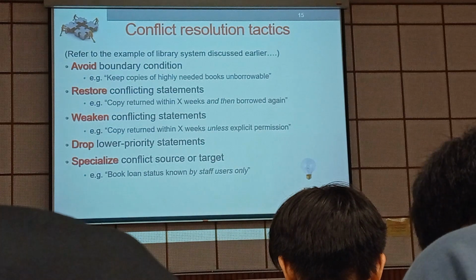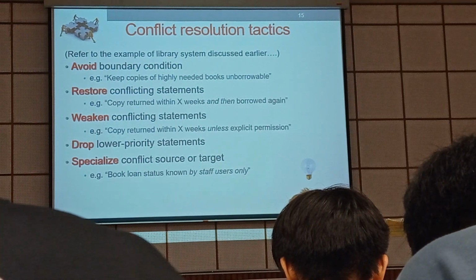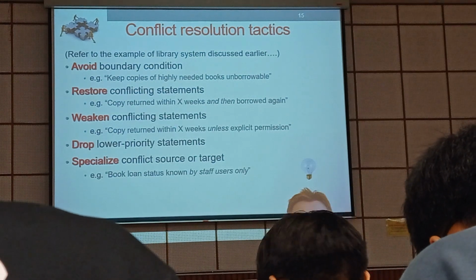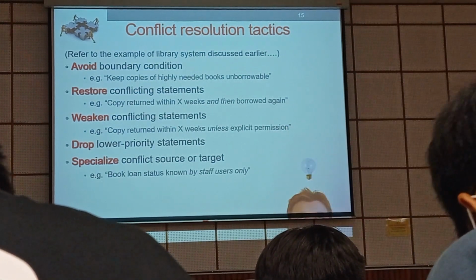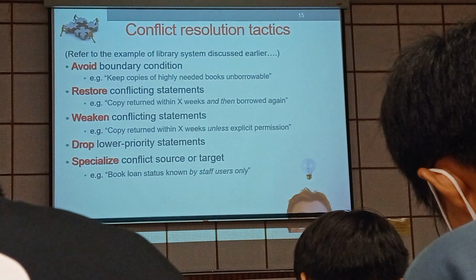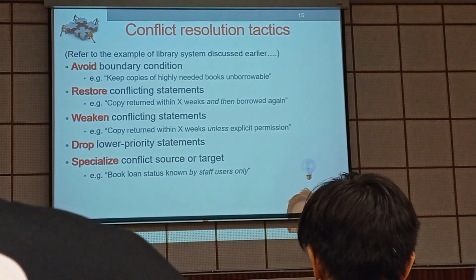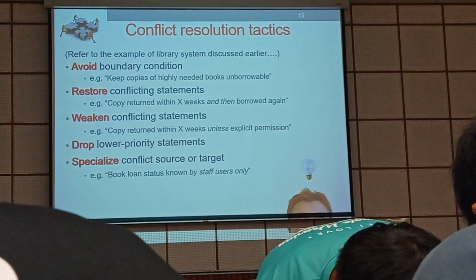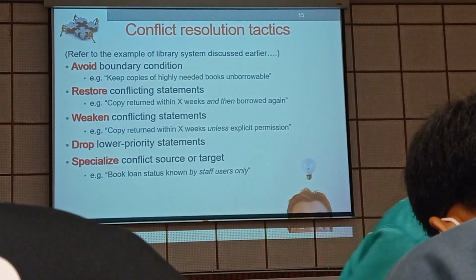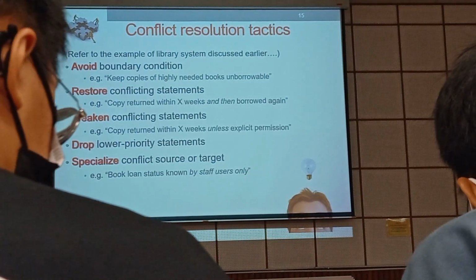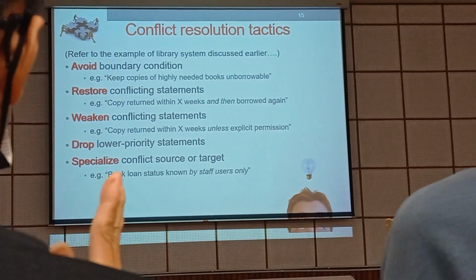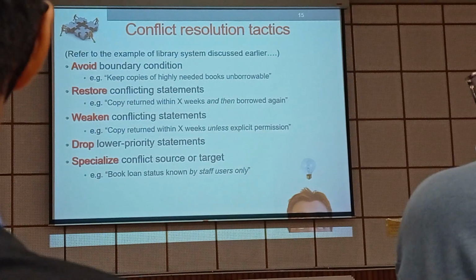Weaken the conflicting statement. You make the conflict weak and reduce the conflict gap. How to reduce? A copy returned within X weeks unless there is explicit permission. So if you want to keep it for 10, you must have permission from the librarian or library teacher. So you still satisfy both statements.